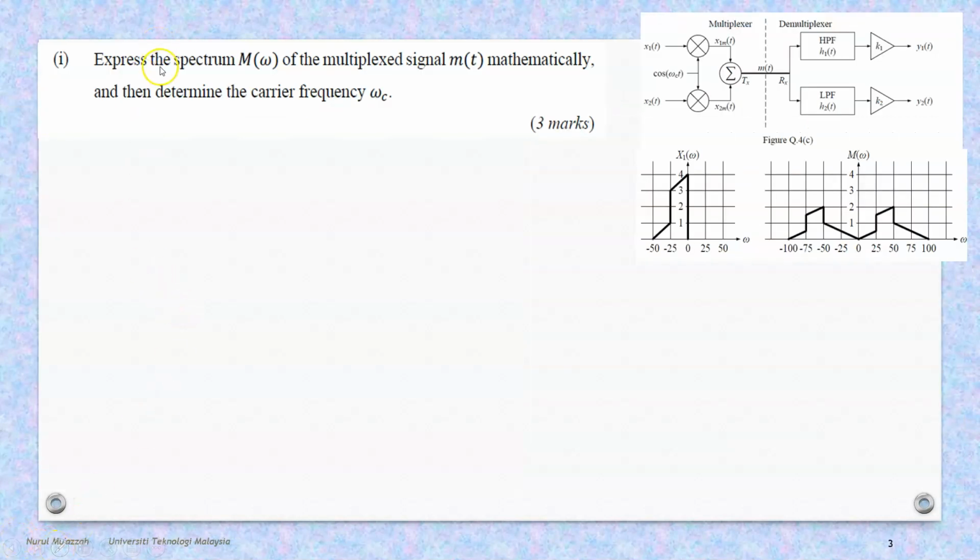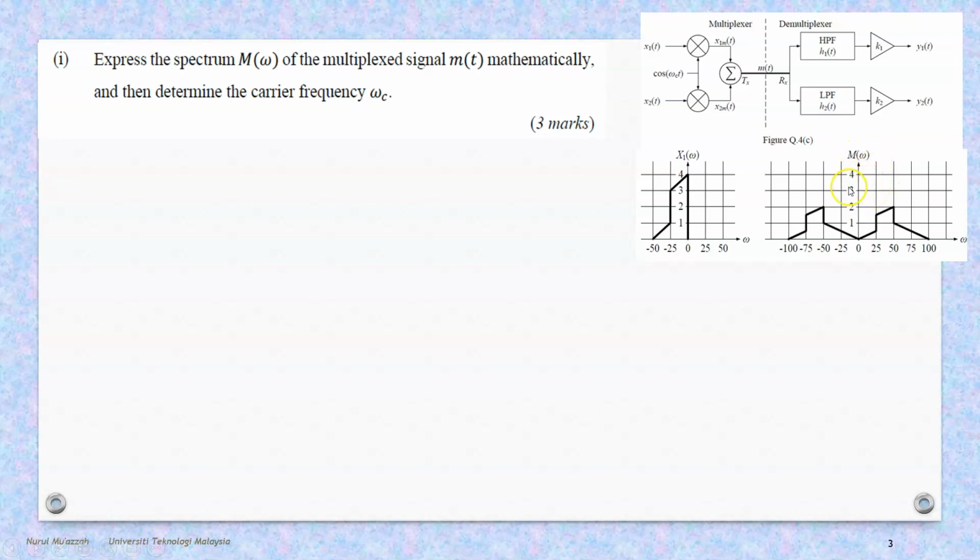The first question here is, express the spectrum M(omega) of the multiplex signal M(t) mathematically and then determine the carrier frequency omega c. So I put again the information here. This is from the transceiver. M(t) here is the multiplex signal, which the spectrum is given as M(omega) here.